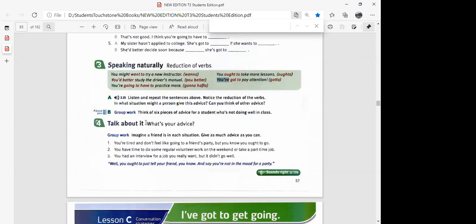All right, last part. Group work. Imagine a friend is in each situation. Give as much advice, remember advice, the word advice, as you can. You're tired and don't feel like going to a friend's party, but you know you ought to go.